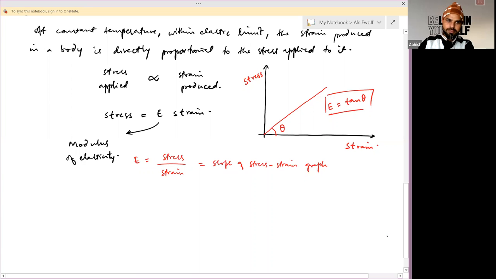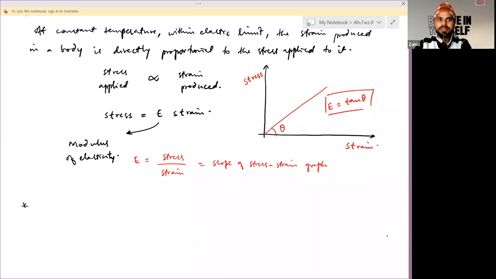Now, there are some properties of this modulus of elasticity. First, what is the physical significance of the modulus of elasticity? It defines the elastic behavior of the substance.